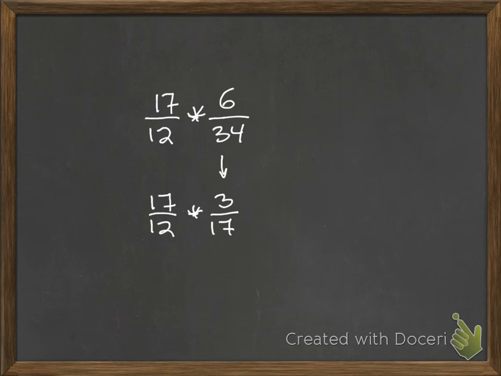So then what can we do? Well, 17 divided by 17 is 1 over 1, and 3 goes into 12 4 times. So this reduces to 1 over 4. Okay? Again, you could absolutely multiply across, but that's going to take you a much longer time to get back to the fraction in simplest form. So think about simplifying and reducing before you just multiply.